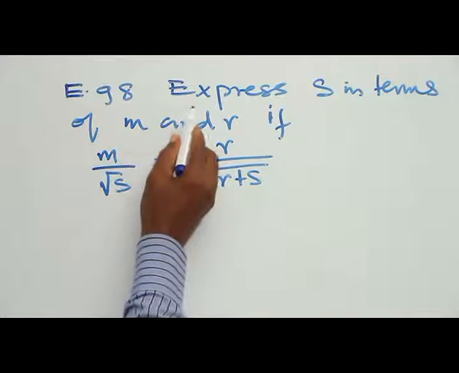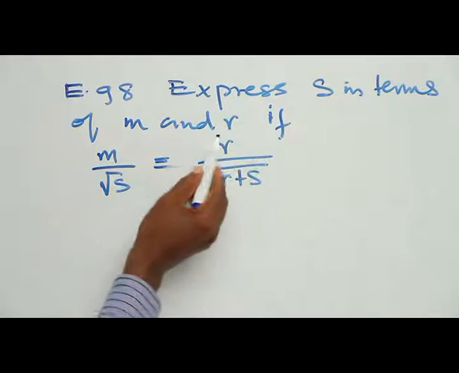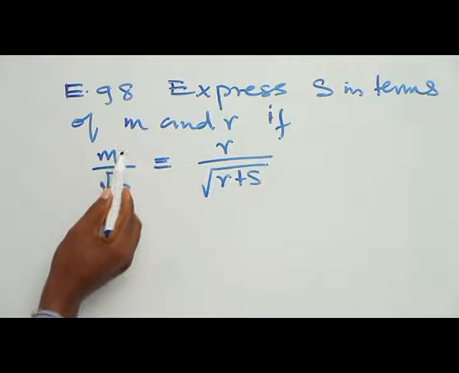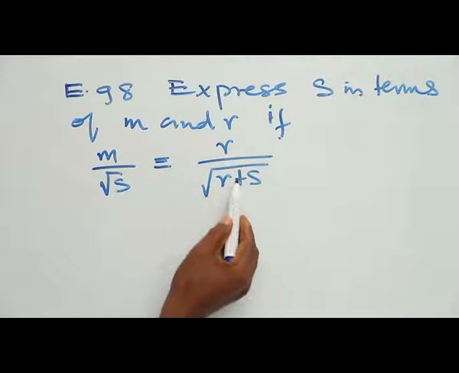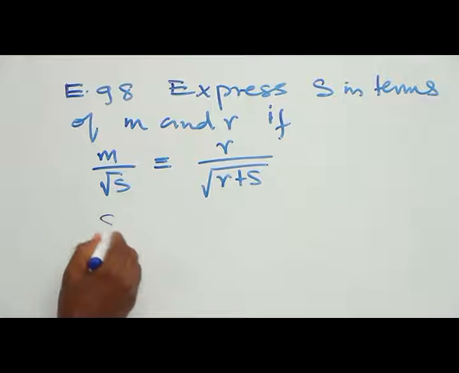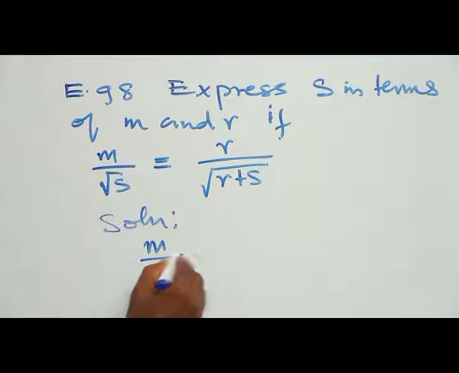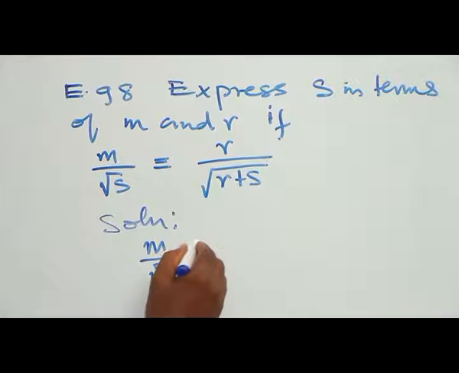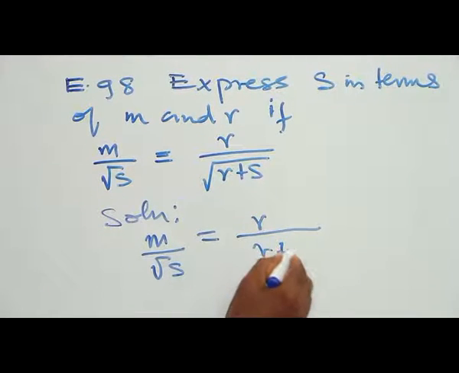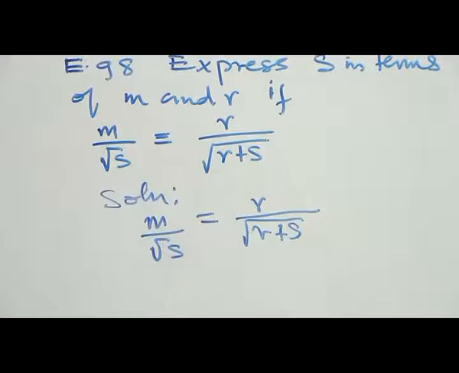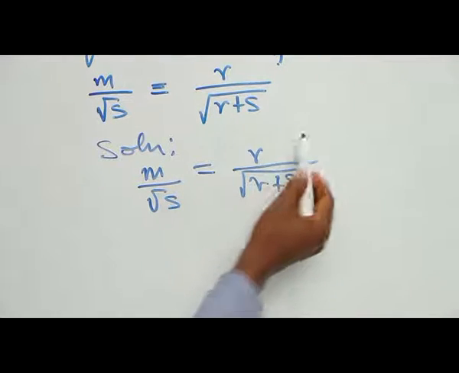Example 8. Express S in terms of M and R if M over root S is equal to R all over root R plus S. Our solution: we have M all over root S is equal to R all over the square root of R plus S. Because it's an equation, we can cross multiply.